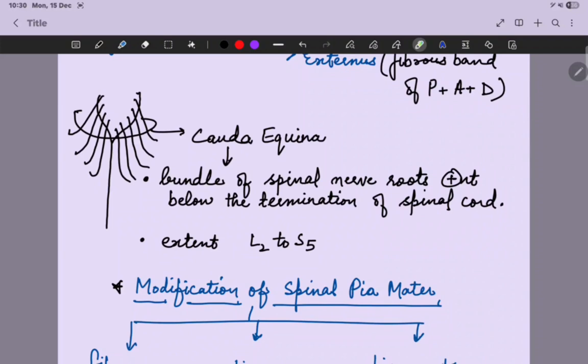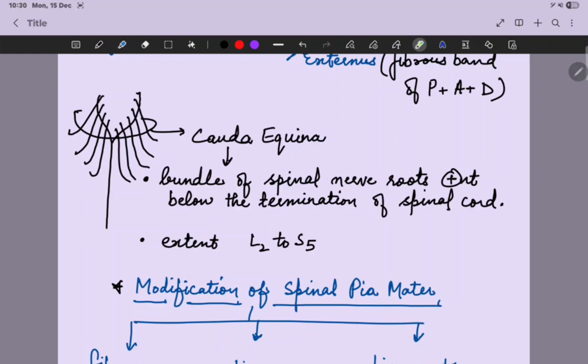And we have cauda equina syndrome also, which is basically due to the compression of the cauda equina nerve roots, caused by spinal stenosis, tumors, trauma, infections, for example an abscess.